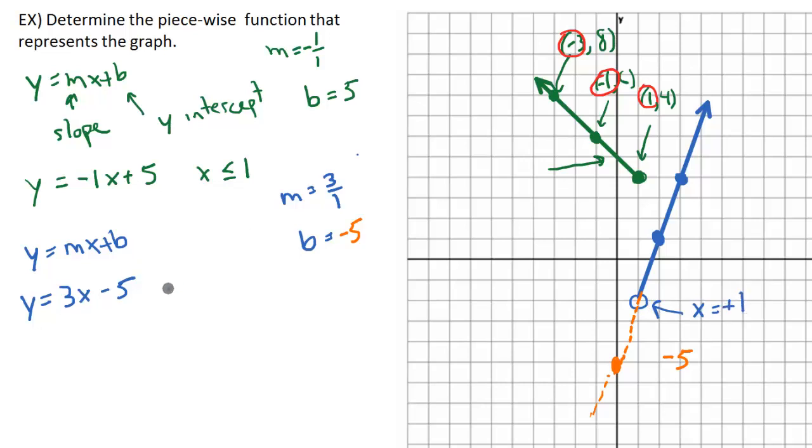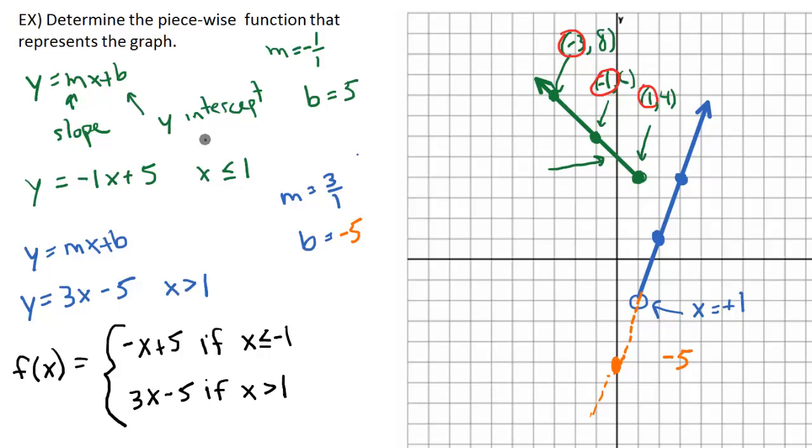So we only want that when x's are greater than positive 1. We don't want to include this point because it's an open point. So x equals positive 1, that's not included in this line, but it's the end point basically. So let's go ahead and write a formal piecewise function for this, and that will be our final answer.